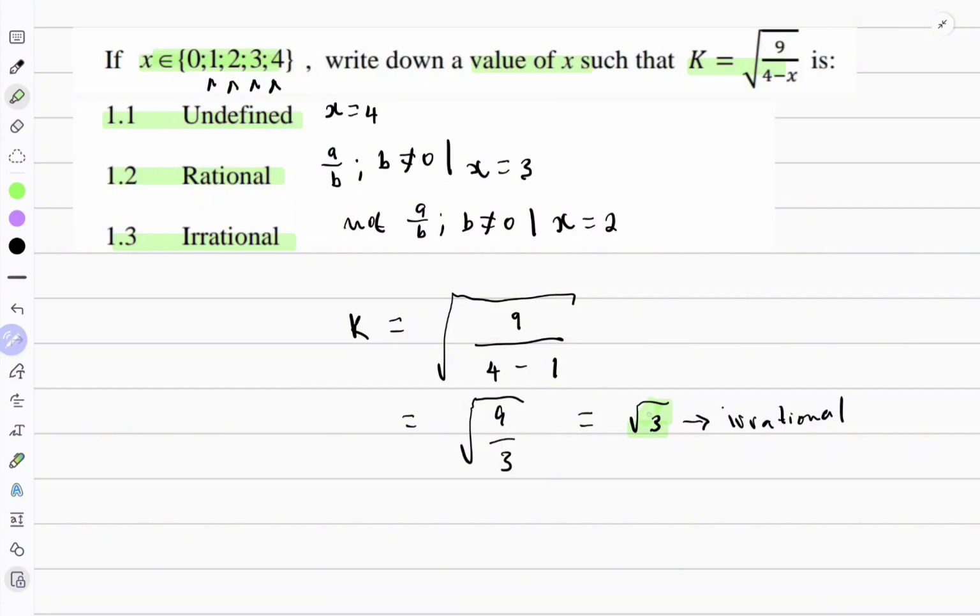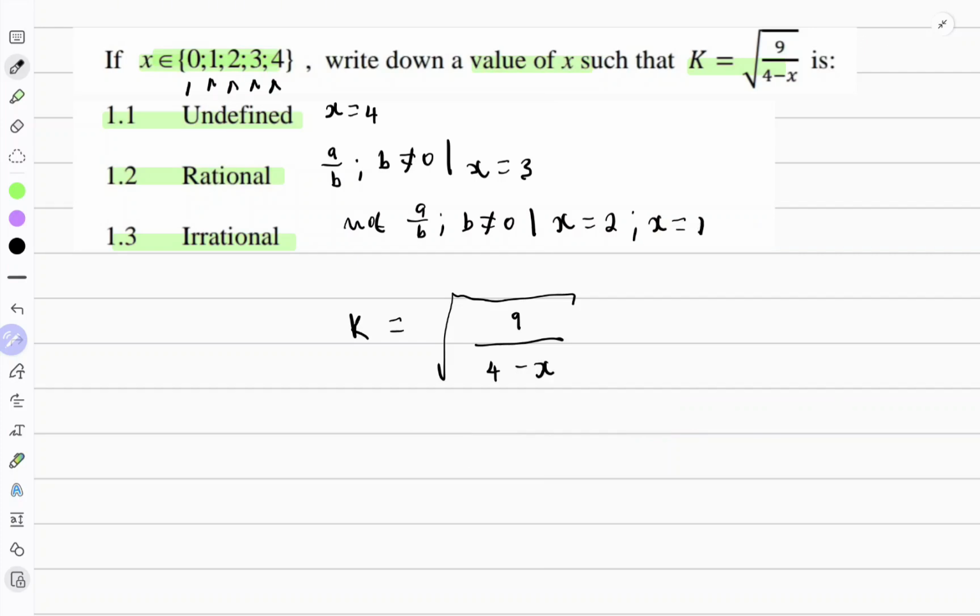If you take a radical on the calculator, you'll see it gives you a non-terminating decimal. It cannot be written as a fraction. So it means when x is equal to 1, k becomes irrational. So we can put x is equal to 1 there.